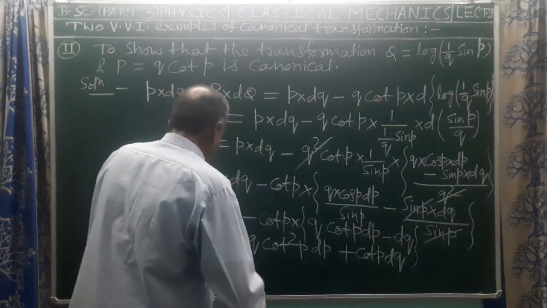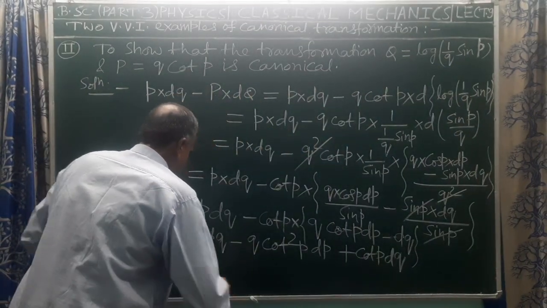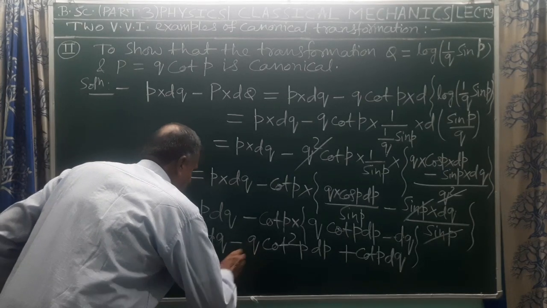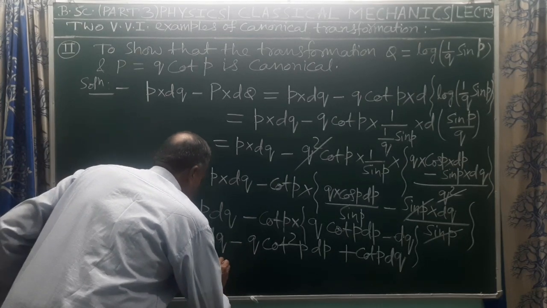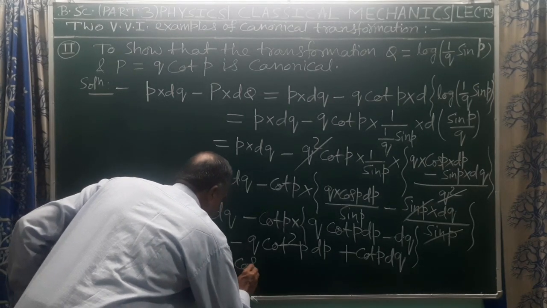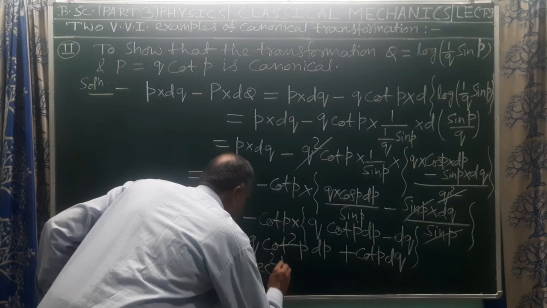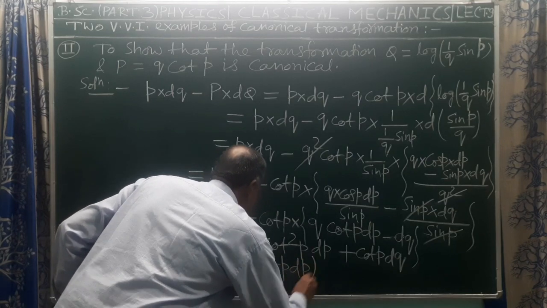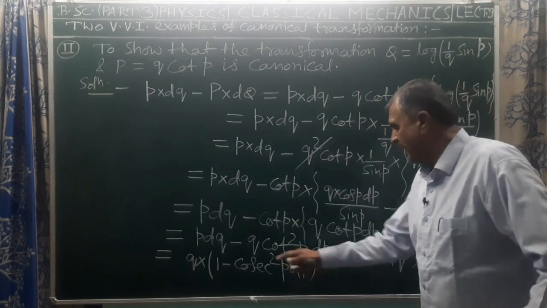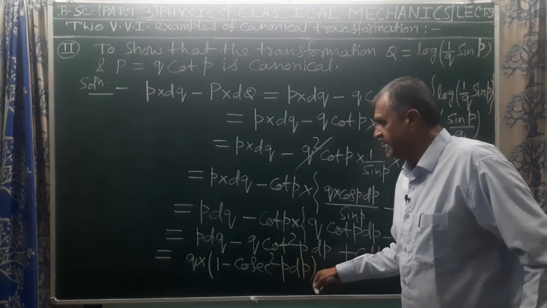So the second term is small q multiplied by 1 minus cosec square p dp.